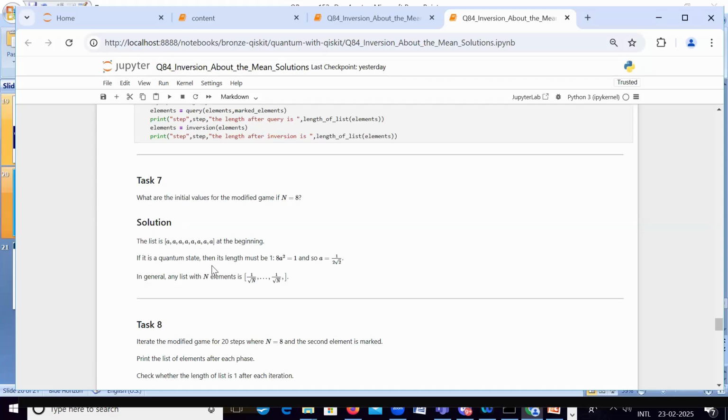In the quantum state, then the length must be 1, with 8 elements, a to the power 2, which is the element here. And so a is equal to 1 by 2 root 2. This is the number of the element n.